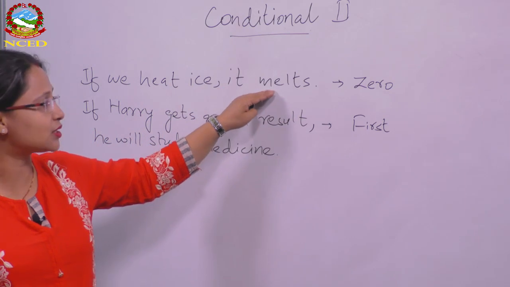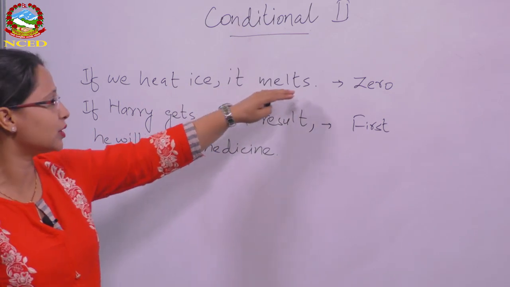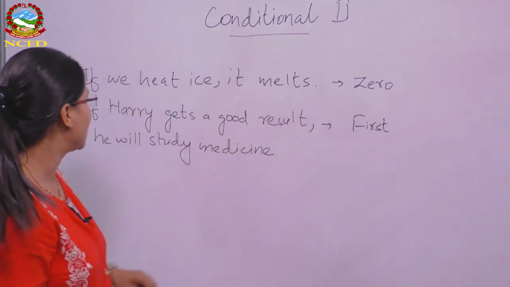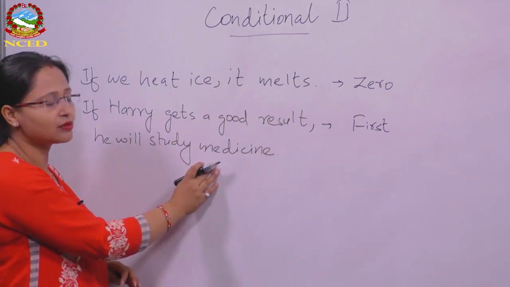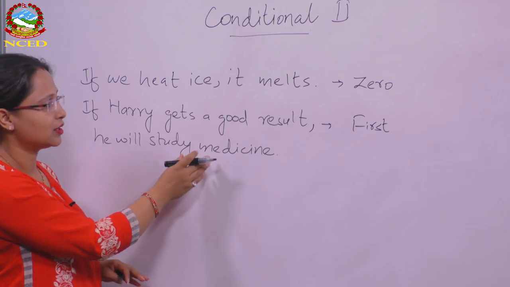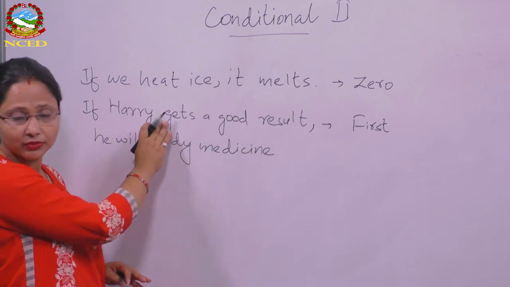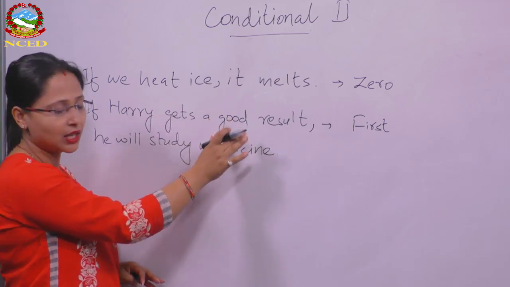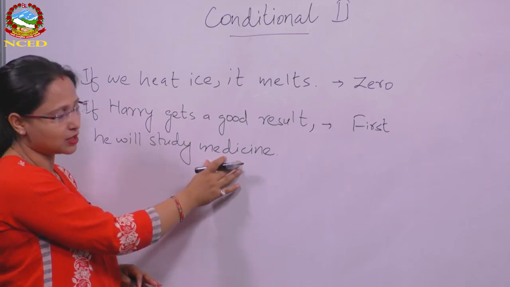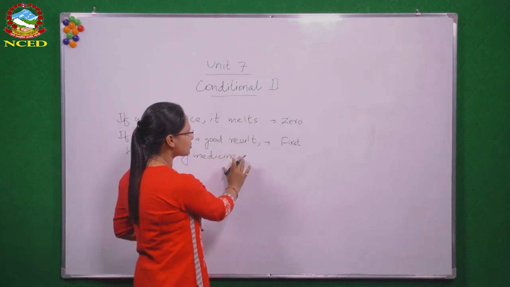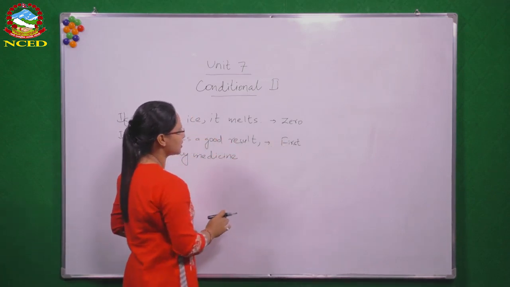It's a truth and it's always true, so it is a zero conditional. If Harry gets a good result, he will study medicine. That is a possibility, right? Harry is a good student. If he gets a good result, he will study medicine. That is a real possibility. So to express such possibility, we use first conditional.